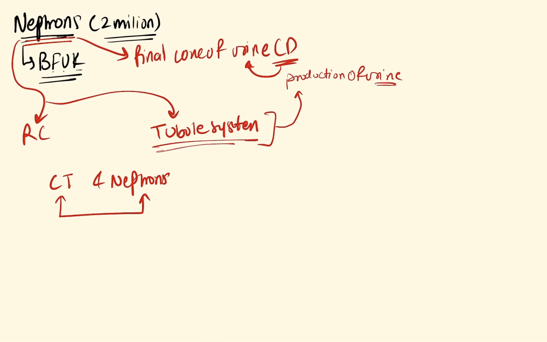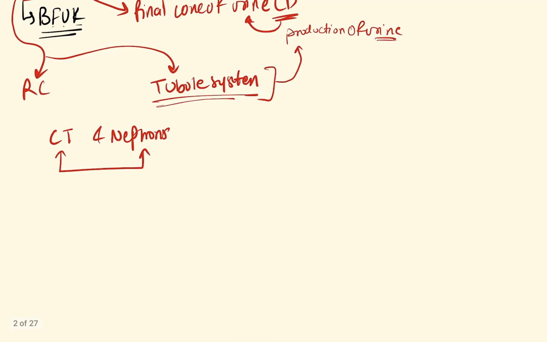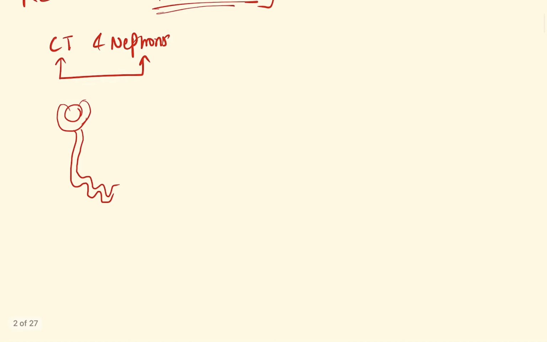If you see the structure of the kidney, there is presence of a nephron, which looks like this. There is a surrounding thing called Bowman capsule. This goes to the proximal convoluted tubule, which goes down, forms thick descending, and then thin descending.